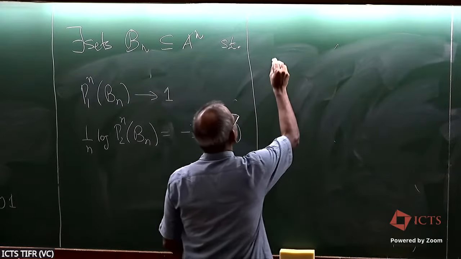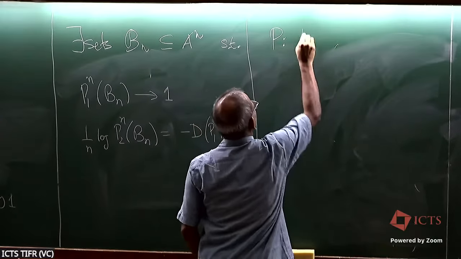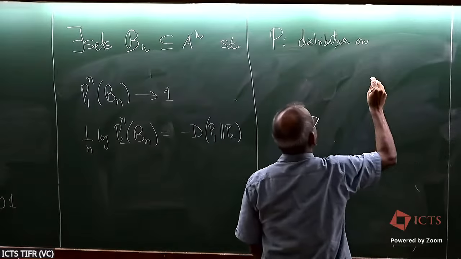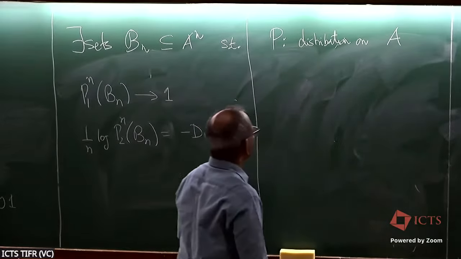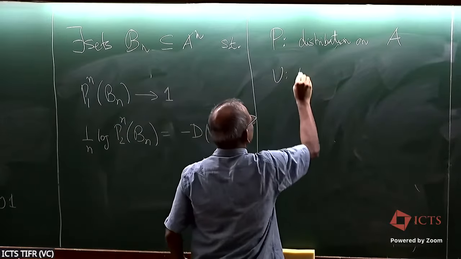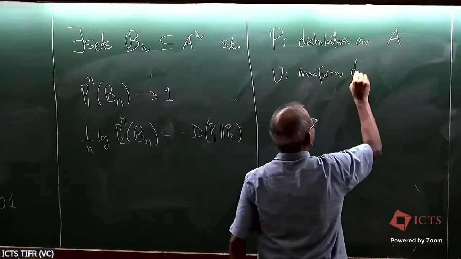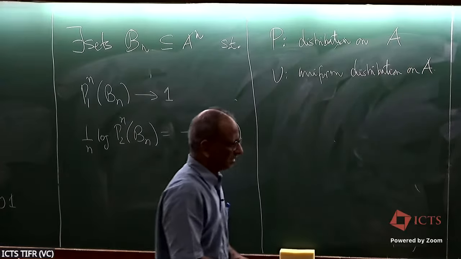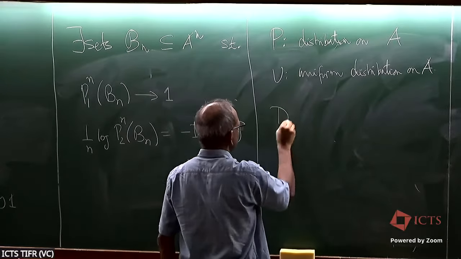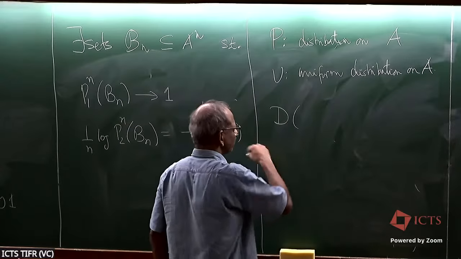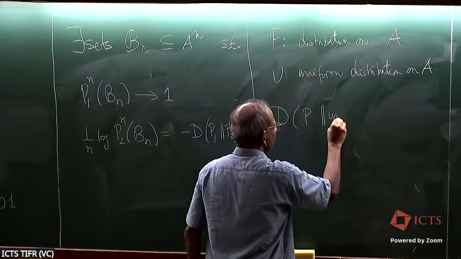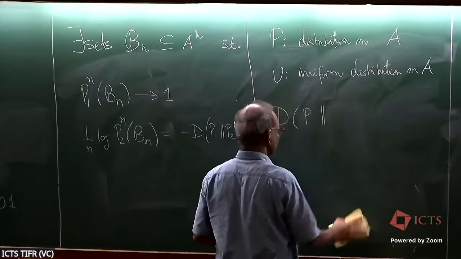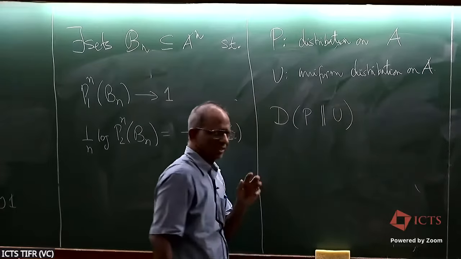Let's do a little calculation. So suppose P is a distribution and U is the uniform distribution. What is this quantity?